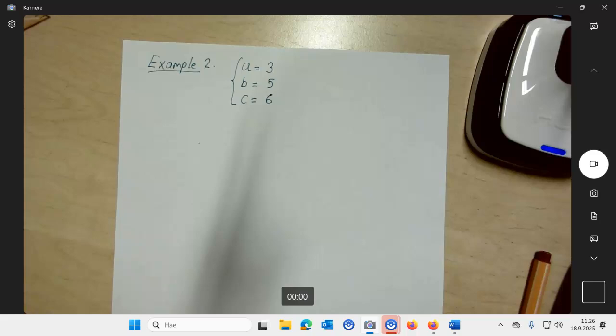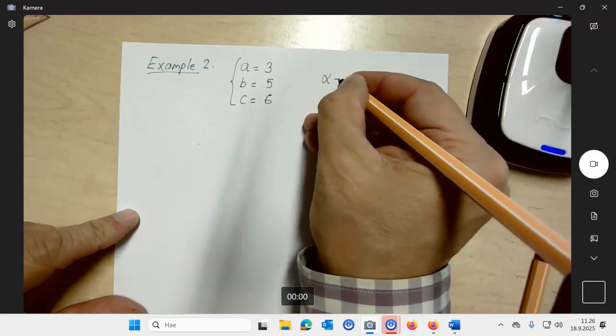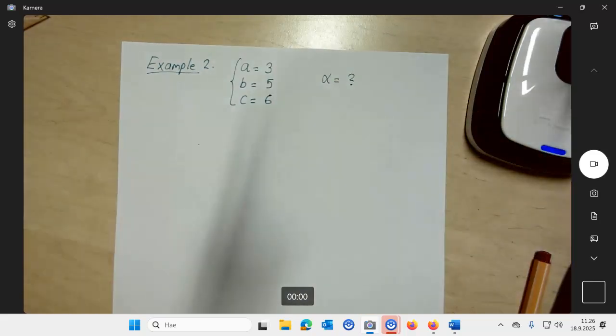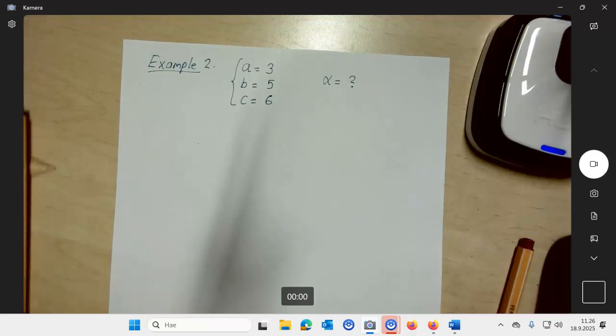But for example, if we want to solve alpha from this triangle, because now we know all the sides of the triangle, but not any angles, what would you use? Let's draw it first. 6, 5, 3.